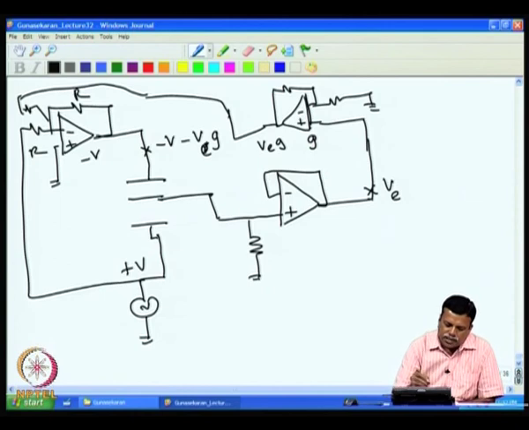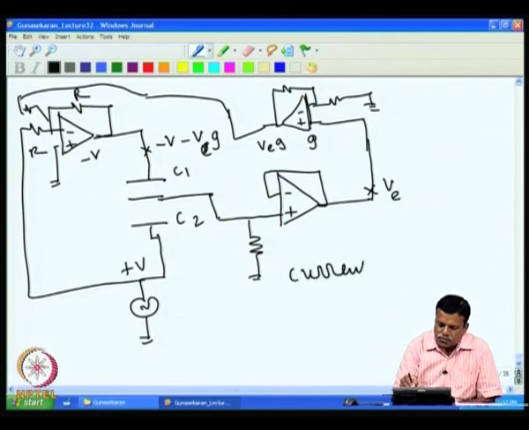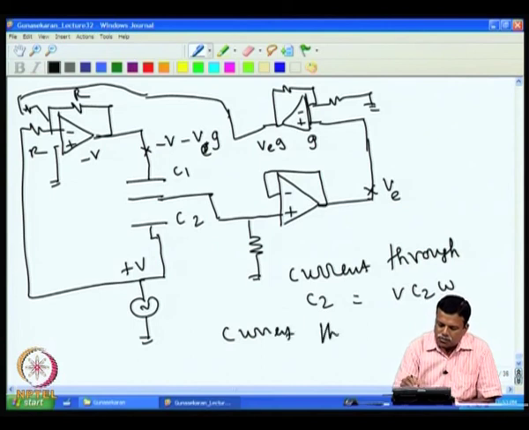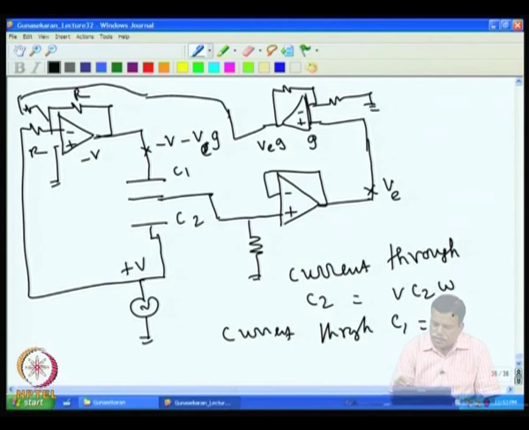because if you write the equation now for C1 and C2, for example, if this is C2 and this is C1, then you will find that the current through C2 is given by V into C2 omega, then current through C1 is equal to minus of V minus VE into G, which is what is coming as a voltage, and then C1 omega.